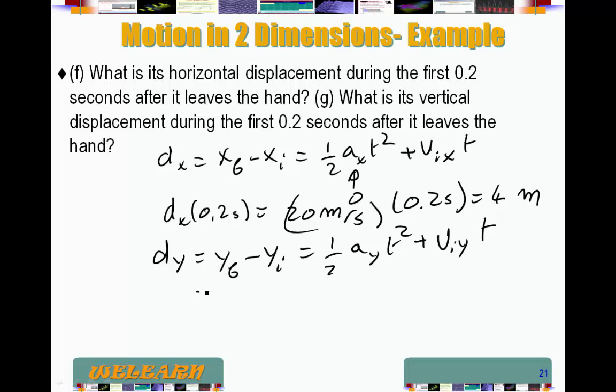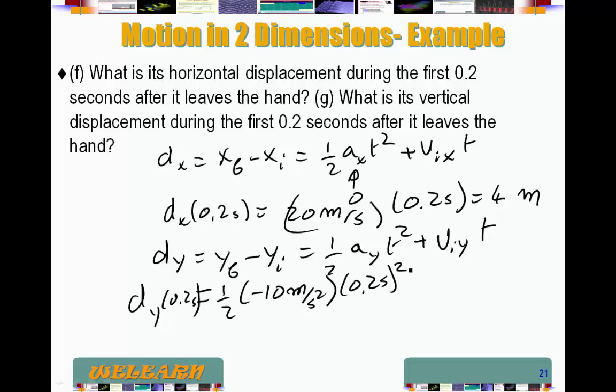Now here, dy at 0.2 seconds is going to be 1/2 times a sub y, which is minus 10 meters per second squared, the acceleration due to gravity in the downward direction, and the time is 0.2 seconds squared. And then vi sub y is 10 meters per second times t, which is 0.2 seconds.